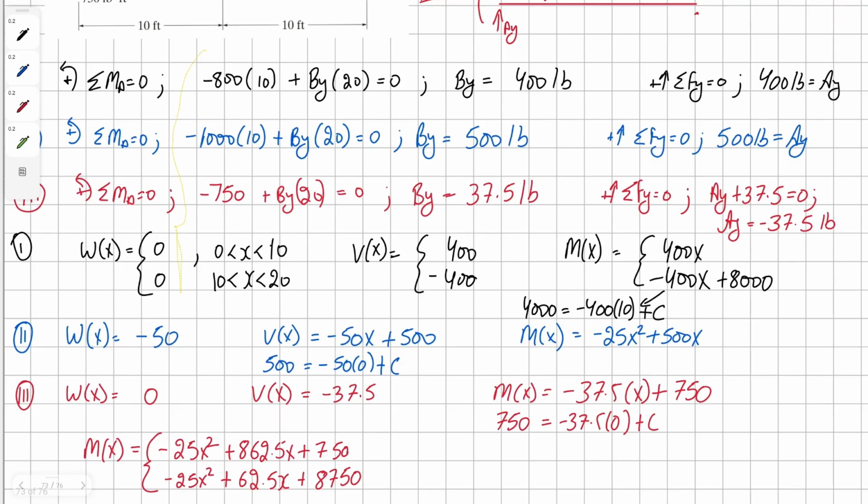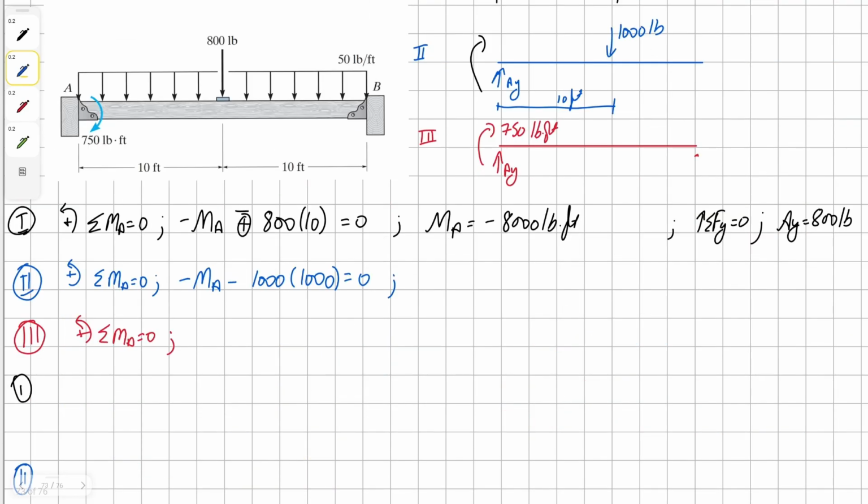This means there's going to be a moment at each of the cases. Once we have our free body diagram for each case, for case 1, I'm going to take moment about the point A. This will give me my moment at A. And then by summing the forces in the y direction, I have my value for Ay. I'm going to repeat this step for cases 2 and 3.